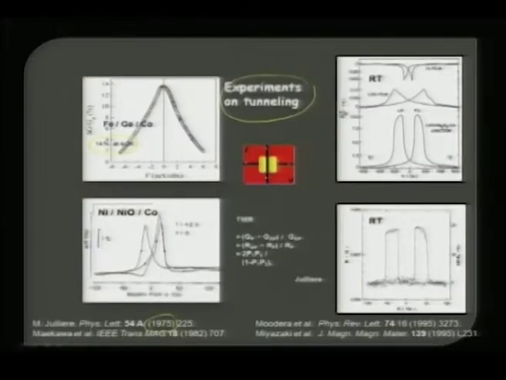Now, there was another report where they used nickel oxide, an antiferromagnetic compound which is an insulator, and nickel cobalt layers show magnetoresistance like this. TMR is tunneling magnetoresistance, which is explained in terms of spin polarization as 2 P1 P2 divided by 1 minus P1 P2, where P1 and P2 are the polarizations of the first and second electrodes.